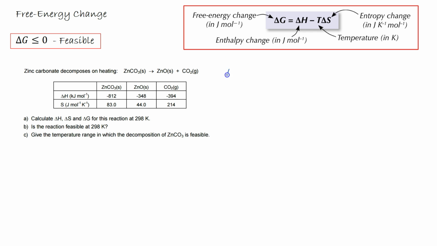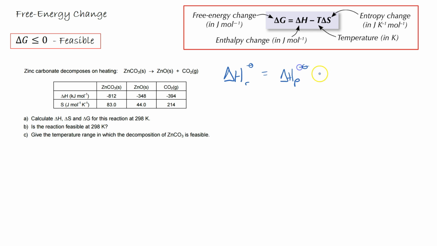So the first thing to do is the enthalpy change. Now we've got formation data here that we're given. So with enthalpy of formation, if we're trying to work out the enthalpy of the reaction, we do the enthalpy change of the products minus the enthalpy change of the reactants.